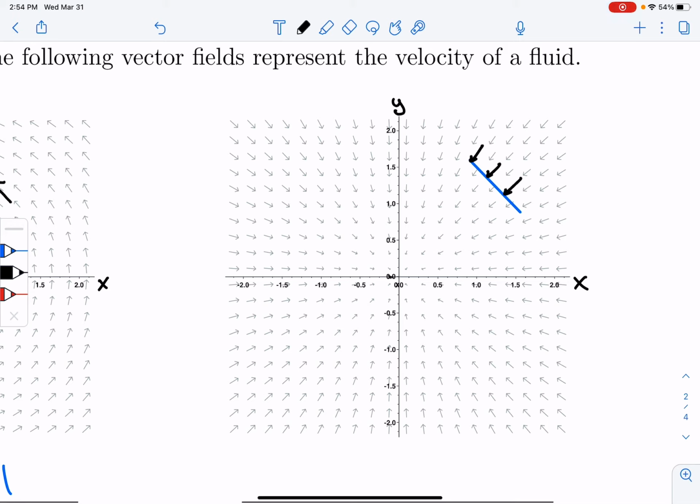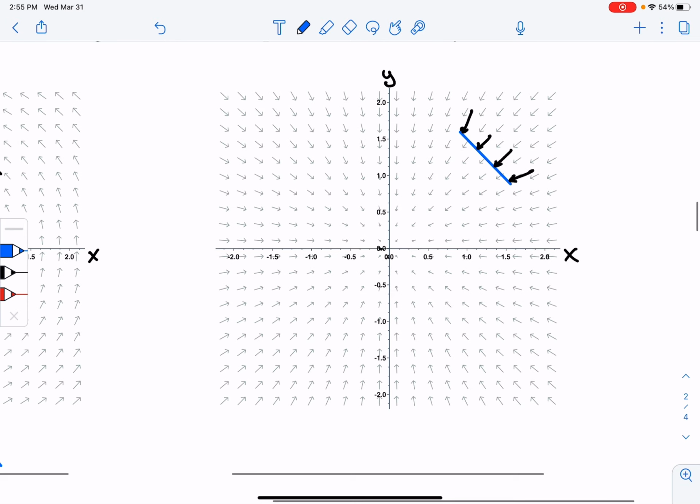And so this stick is not going to rotate at all in this vector field, because all the vectors are the same length. So pushing at it from any point along the stick, you're not going to get any sort of rotation. And so here, this vector field has 0 curl.